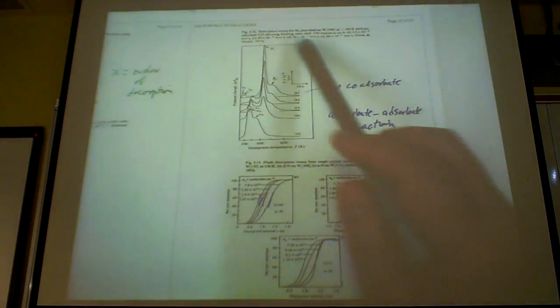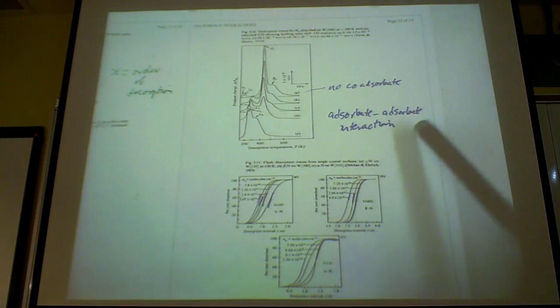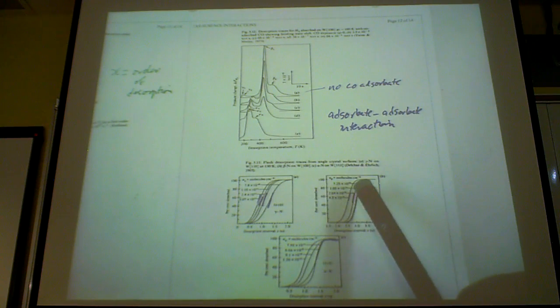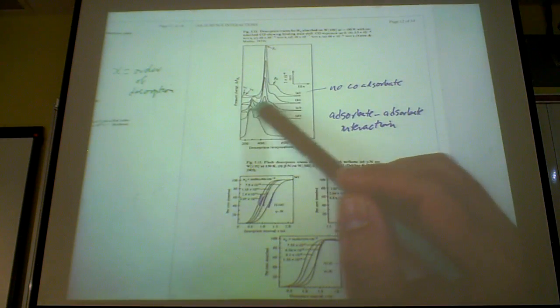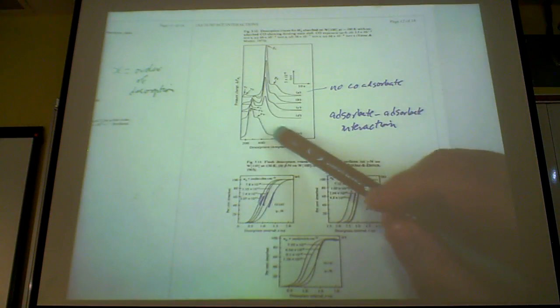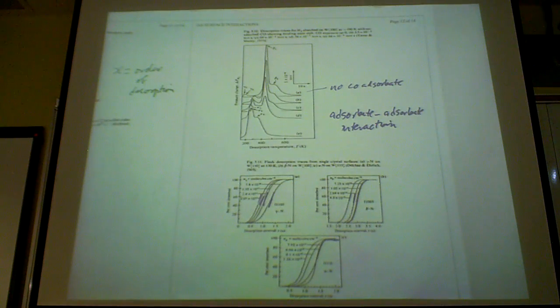So here's a little bit of an example of interaction between an adsorbate and a co-adsorbate. They have two gases on your surface, and all I want to show here is that the desorption peaks are different. If you have an adsorbate and a co-adsorbate interacting with CO in this case, your peak could be very different, and that is due to surface chemistry.